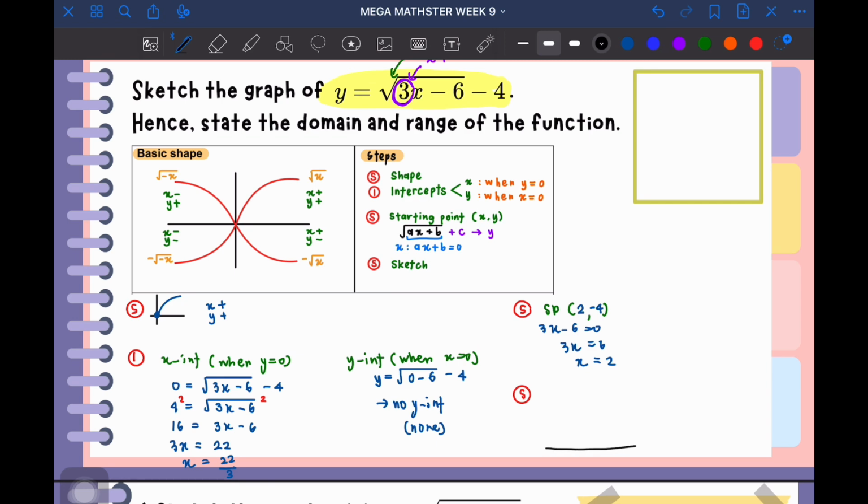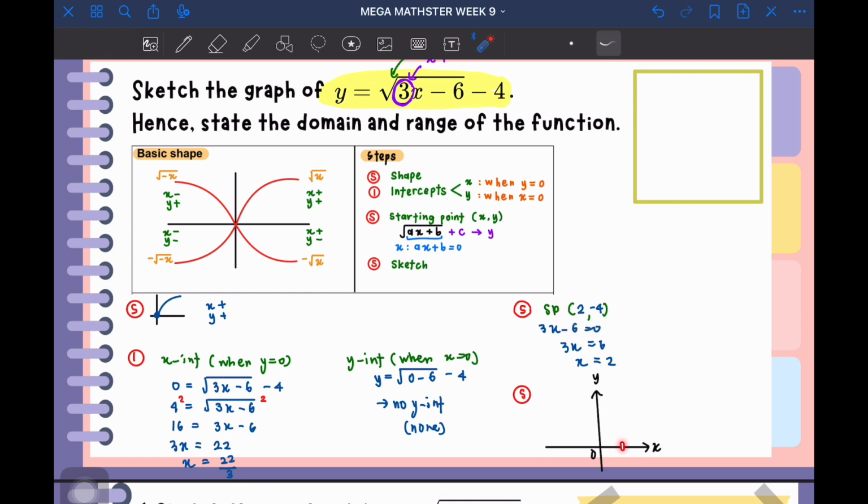Okay, so we will draw an x-axis with label, as well as your y-axis with label, and then 0 at the origin. Okay, you need to label all these three. Right, and then we first locate our starting point. So our starting point is at 2, -4.